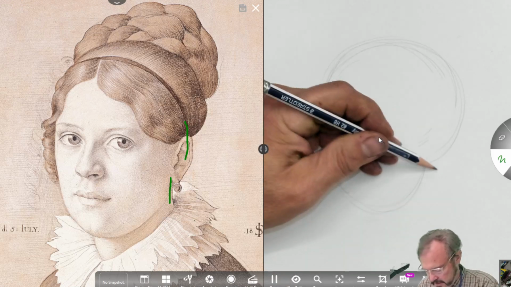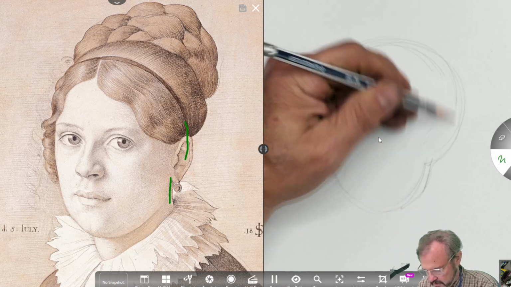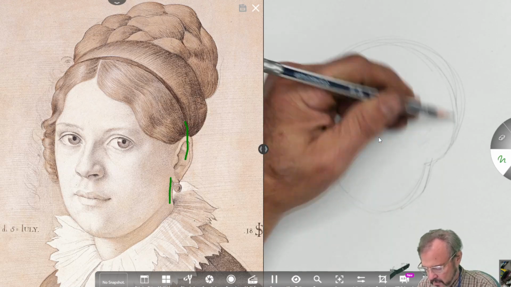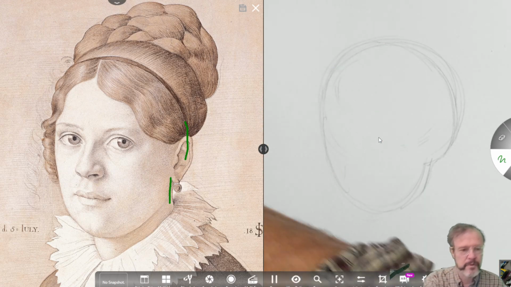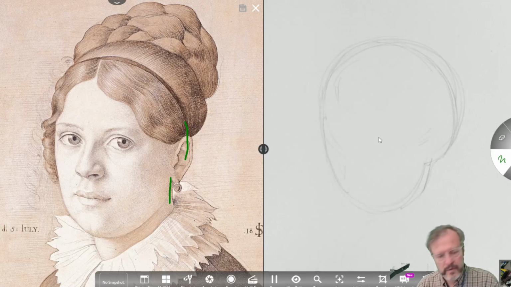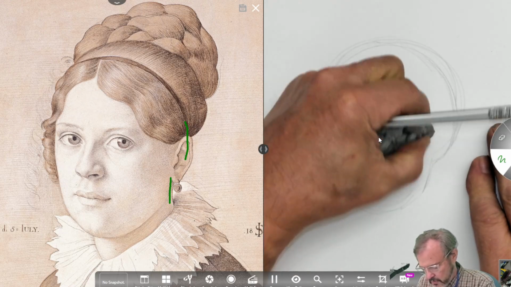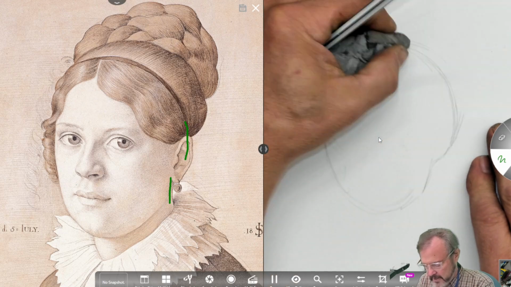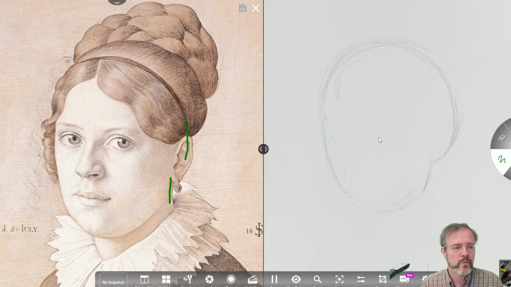And we can see that there's really not much of the cranium behind the back of the jaw in this pose. So I'm going to make a little correction in my drawing.